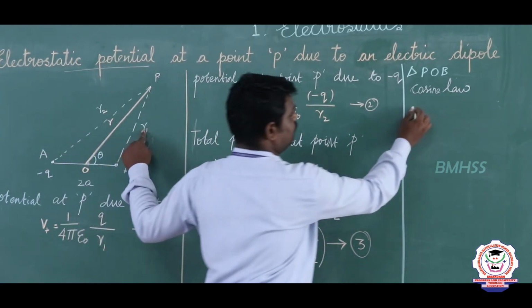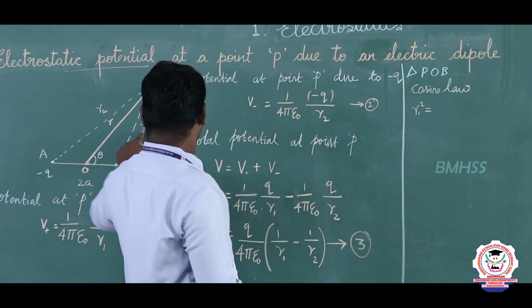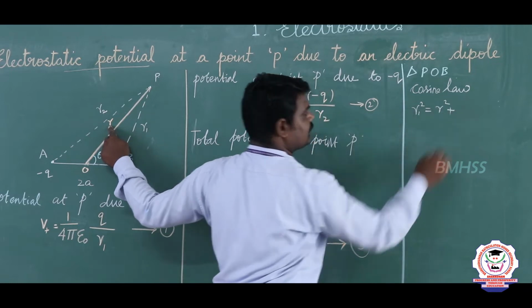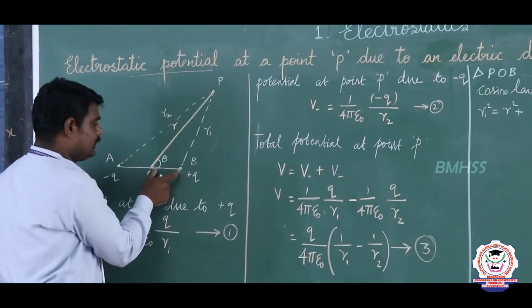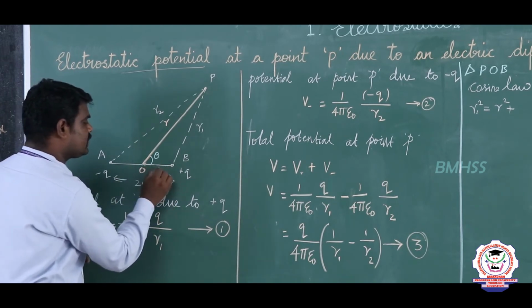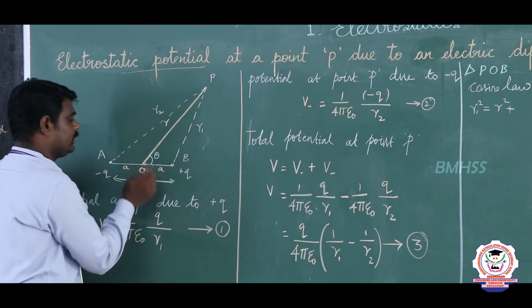r1 square is equal to r square plus, here the adjacent side, the total distance is 2a, so half of the distance I take as a, here also a.